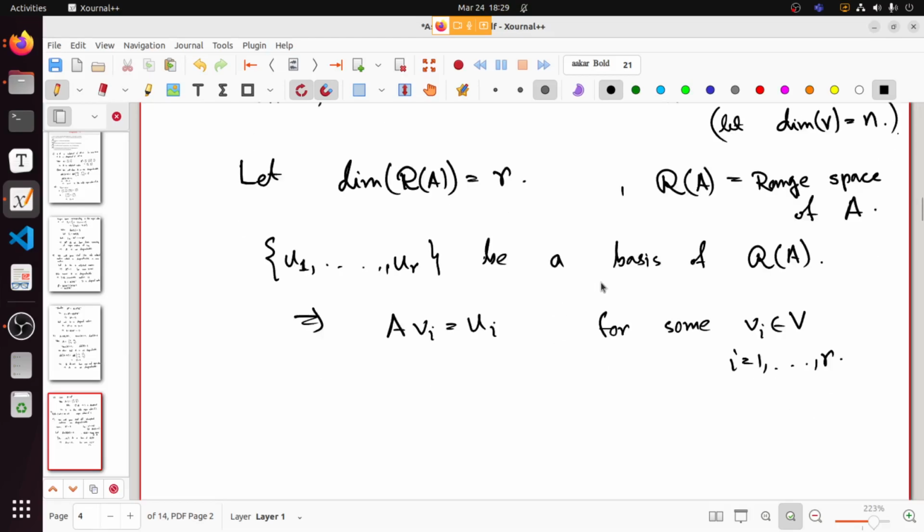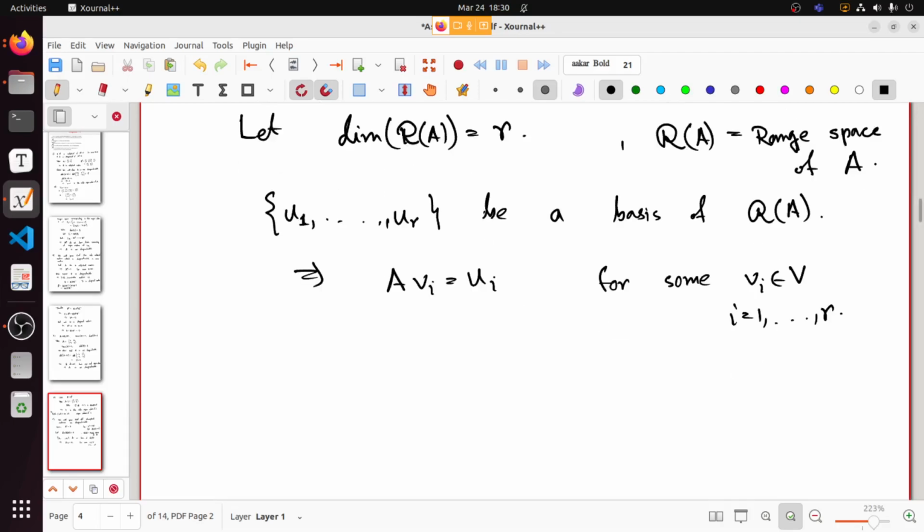Now you will show that these ui are the eigenvectors of A with eigenvalue 1. This is easy, so let's check. Basically we want to prove that ui is an eigenvector, so we check what A of ui gives.